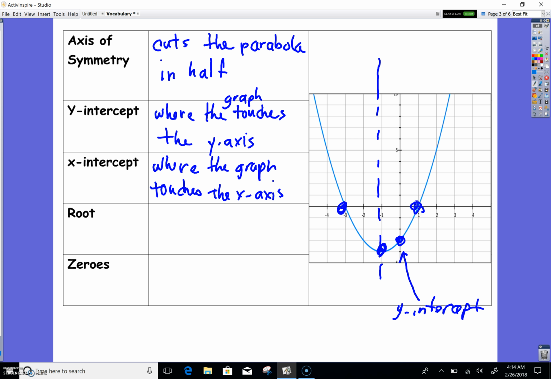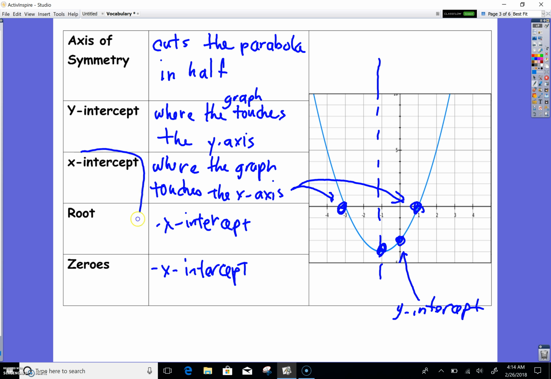Right there and right there, that's my x-intercepts. The root is all it is, the x-intercept, and also the zero is the x-intercept. So all three of these are the same. This and this and this are all the x-intercept.